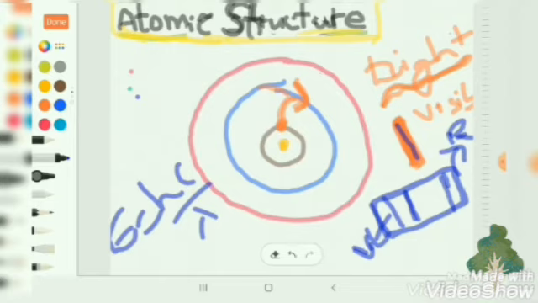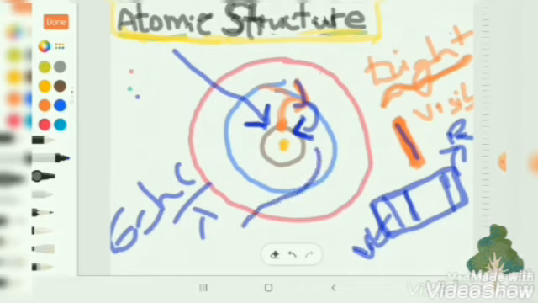So when we give this energy to the electron, it jumps to a higher orbit and tries to come to the ground state. When it comes down, it loses energy outside.